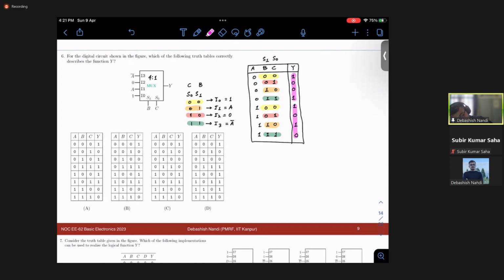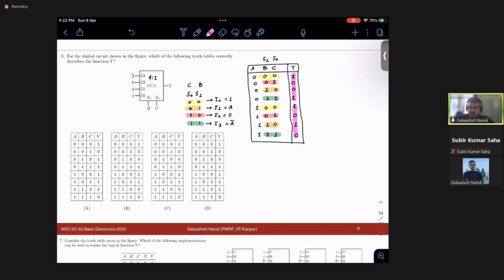Your 0 0 is 1, 0 0 is 1. Your 1 0 is A, here 0, here 1. Then your 0 1, right? 0 1 is 0, 0 1 is 0, and your 1 1, 1 1 is A bar, right?